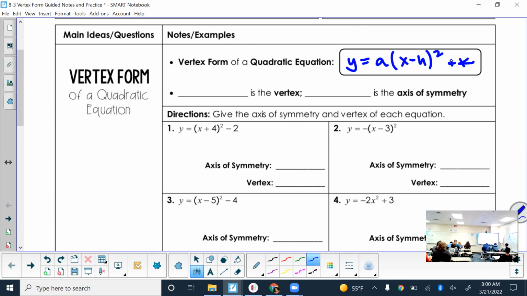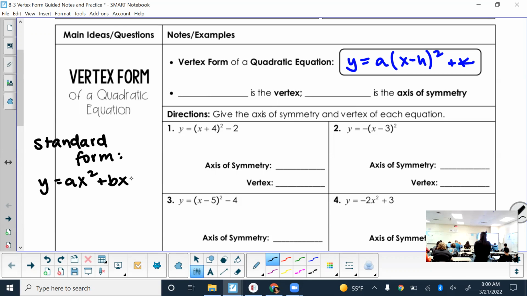All right, and compare that to standard form, which we talked about before break. What's the standard form of quadratic equations? Anyone remember? Y equals ax squared plus bx plus c.